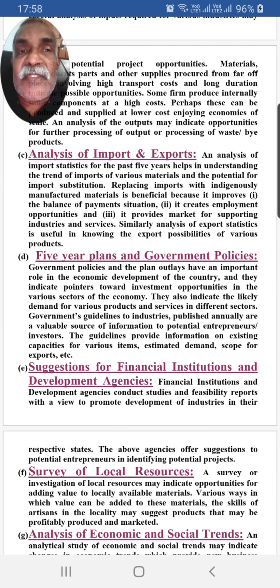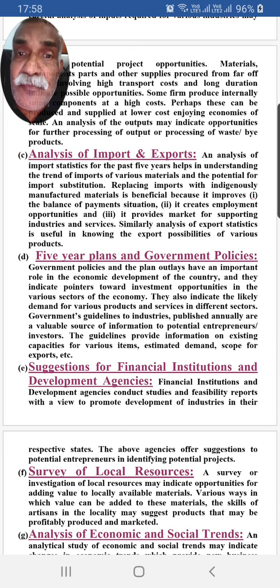Replacing imports with indigenously manufactured materials proves to be beneficial, or it may improve the balance of payments.